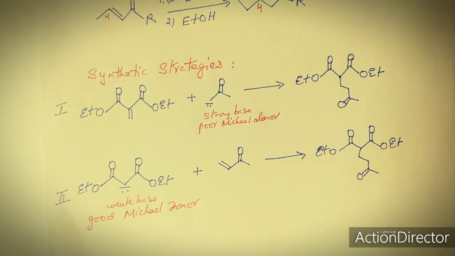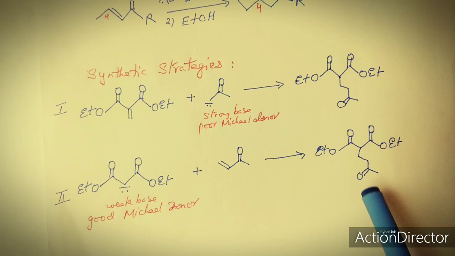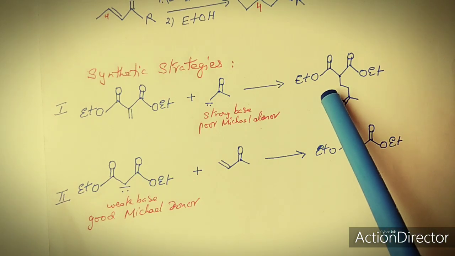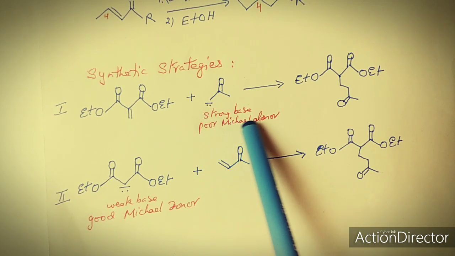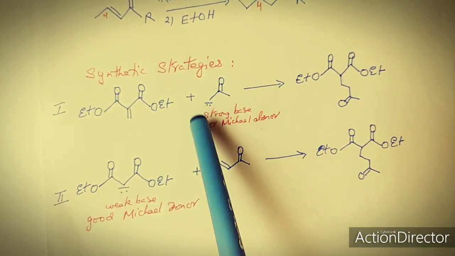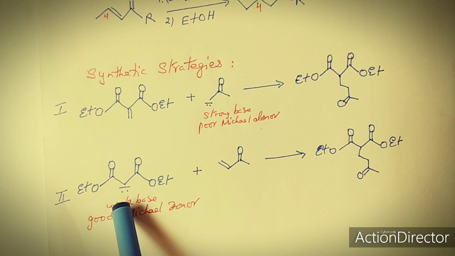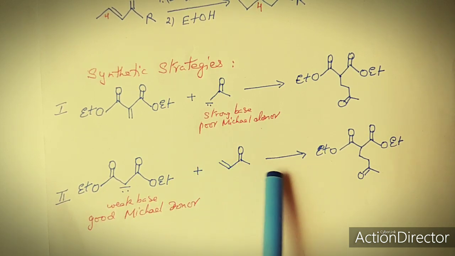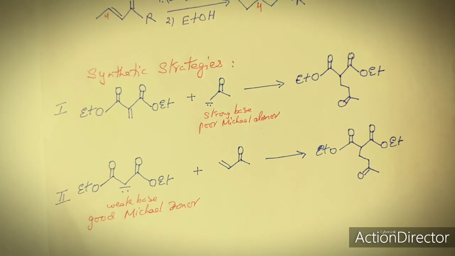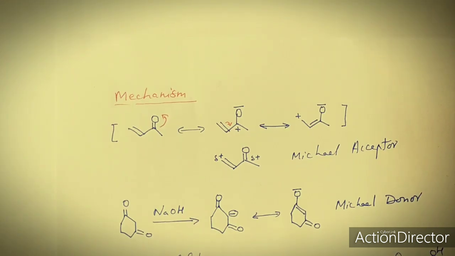So remember, Michael reaction means that it is a greener, milder approach for the formation of the carbon-carbon bond, which is being formed here, whereas the other is not such an efficient method because we'll have to use drastic measures because that is a strong base. Here this is a weak base. So this weak base will attack this soft target and we will get our product. This is the synthetic strategy while we are selecting a Michael reaction.